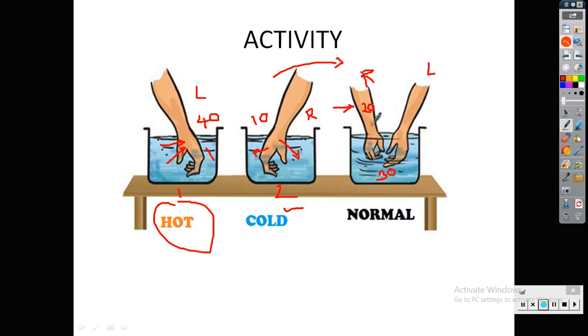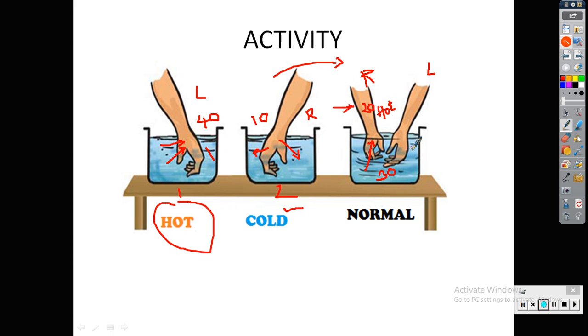So from this higher temperature, heat goes into the hand. The hotness is going into your body, so in the right hand you feel hot.